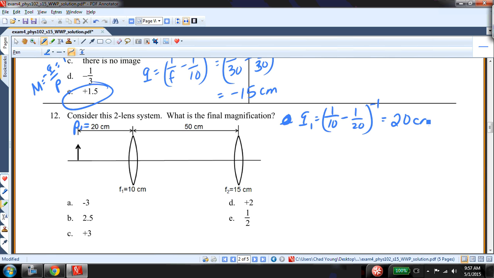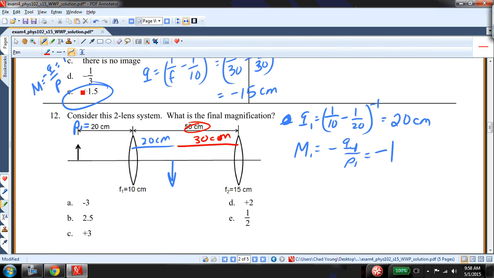And the magnification of that is negative Q1 over P1, which is negative 20 over 20, or negative 1. So my image is going to be 20 centimeters to the right here. It's inverted and same size as the object. So if this distance is 20 centimeters, that means this distance is 30 centimeters, because they have to add up to equal 50.